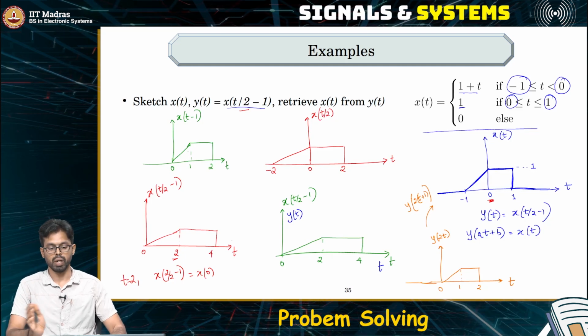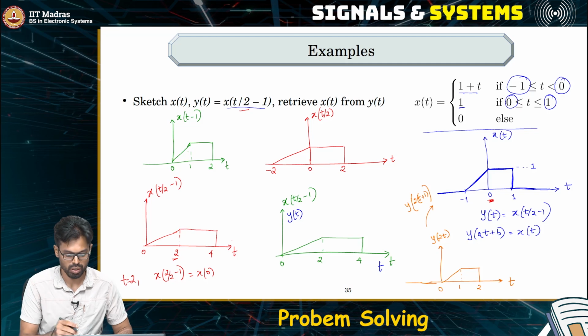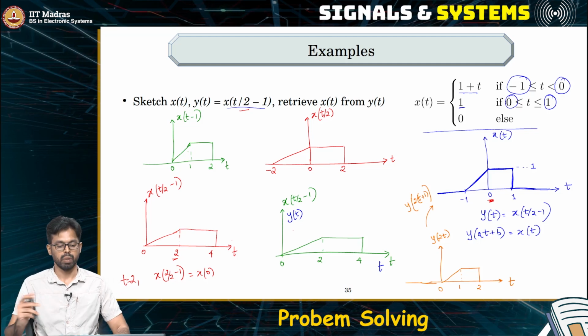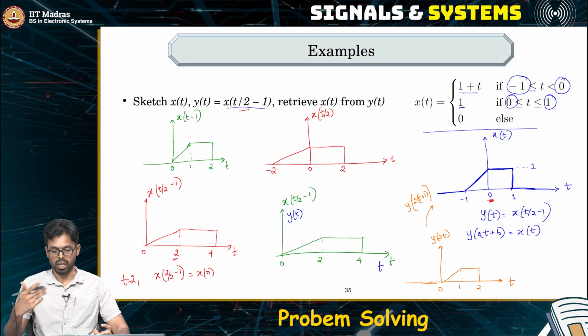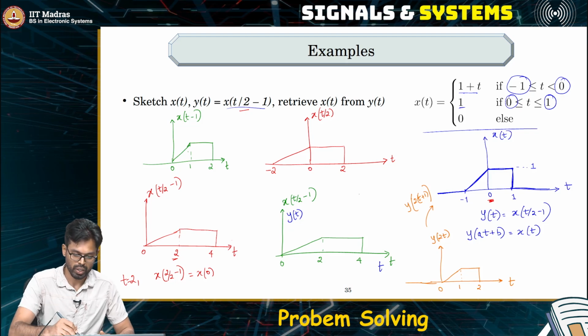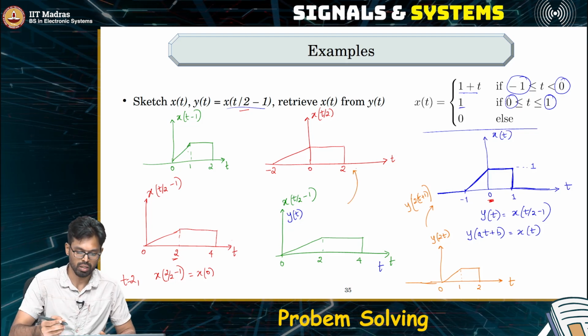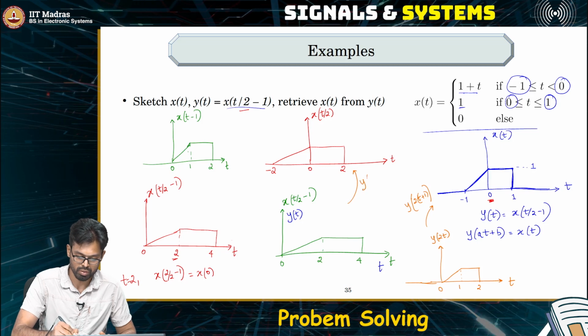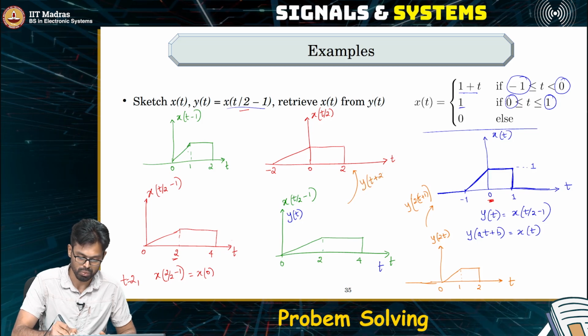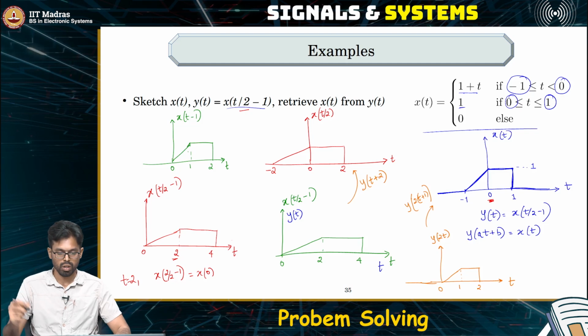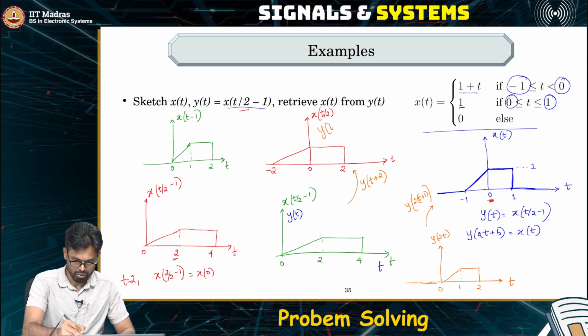So you have to now shift by +2. What if you shift y of t by +2? Plus means you have to move it to the left. So you get this signal, which is y of t +2.